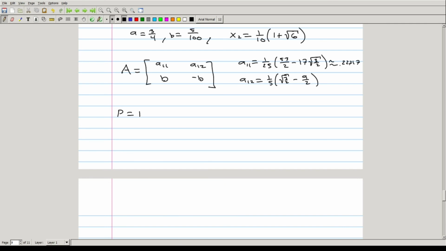We look at the trace of A, which is this A11 minus B, the sum of the diagonal components of the matrix, and we look at the determinant of A, which is this times this minus this times this, which simplifies to 2 over 25 times 3 square root of 6 minus 2, which is approximately equal to 0.47.